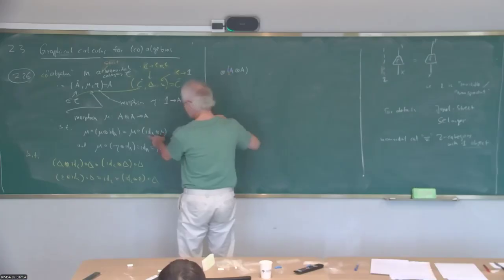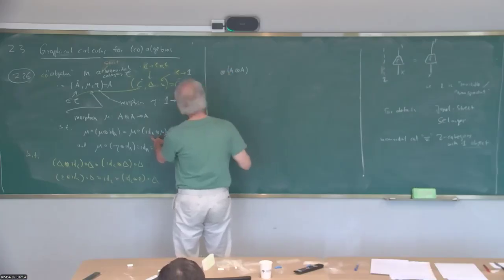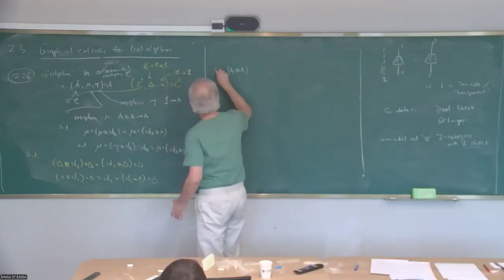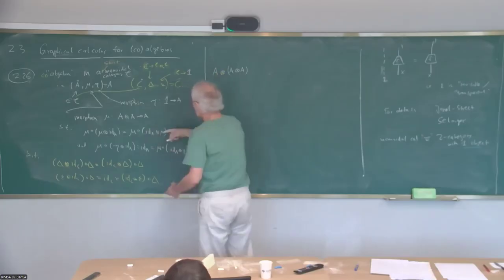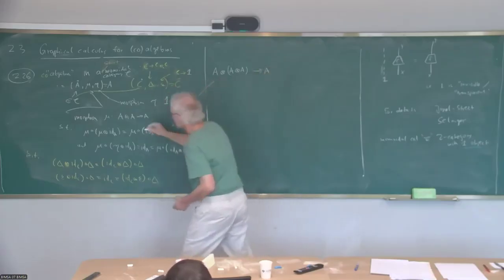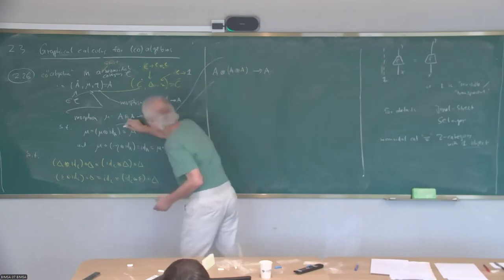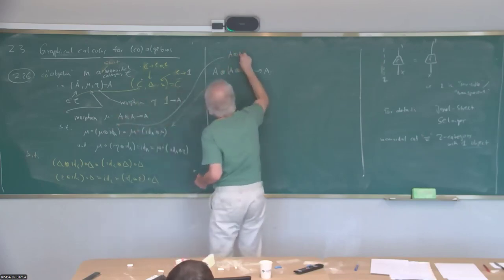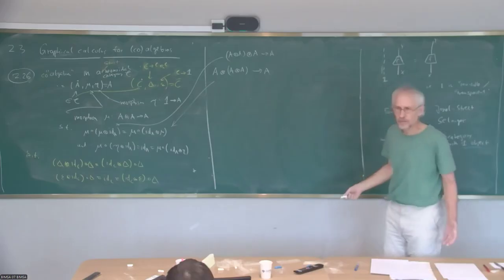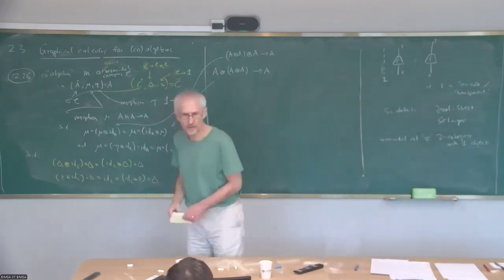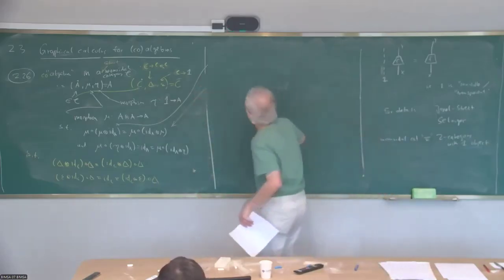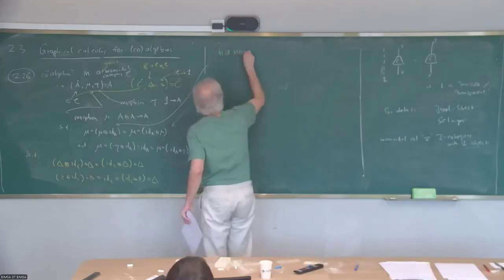We tensor it with the identity, and then take the object here and multiply. So on this side we have a morphism from this object to A, whereas on the other side we have a morphism from A tensor A to A. And they are not equal, but only isomorphic if the category is not strict. So we really should write this in a non-strict category.